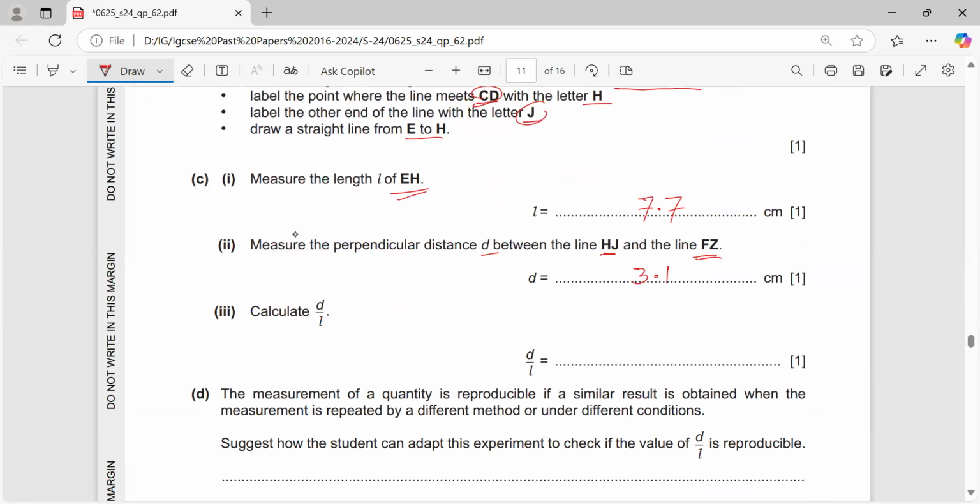Now calculate D over L. So 7.7 over 3.1 centimeters, centimeters cancelled. 7.7 divided by 3.1 is equal to 2.48, so I can write 2.5, and there will be no unit. Even 2.48 will be workable.